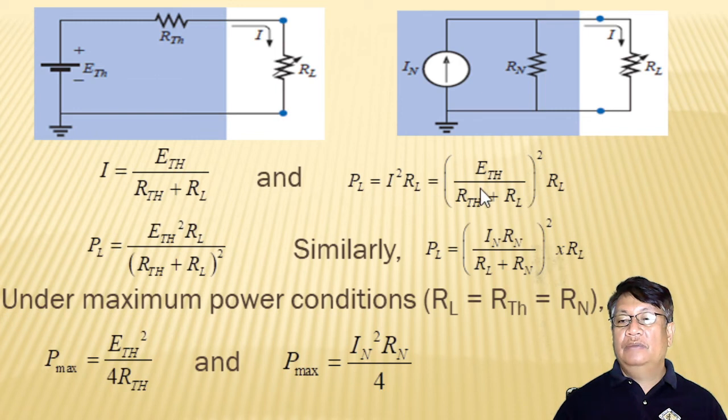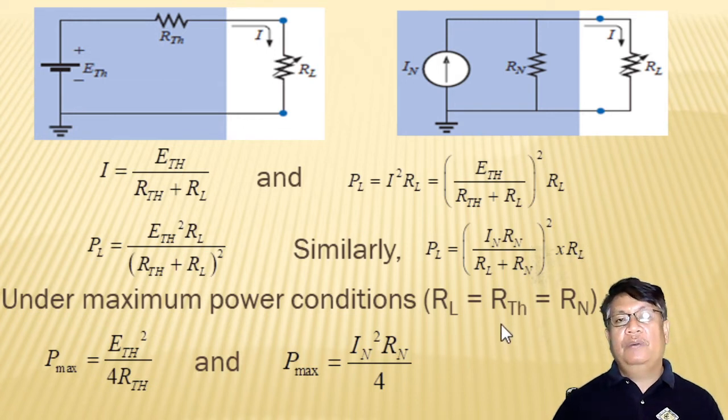Similarly for the Norton current and the Norton resistance, we have P sub L, the load power, equal to I sub n R sub n, that is your E sub th equivalent as we defined in a previous discussion, so that we have I sub n, R sub L plus R sub n quantity squared, times this R sub L here.